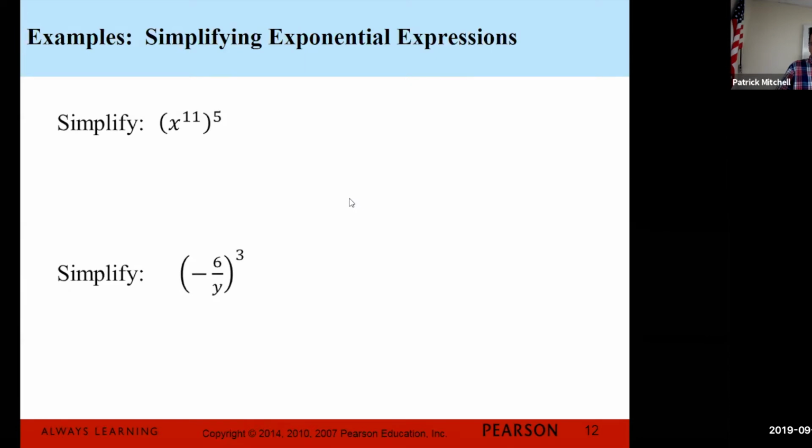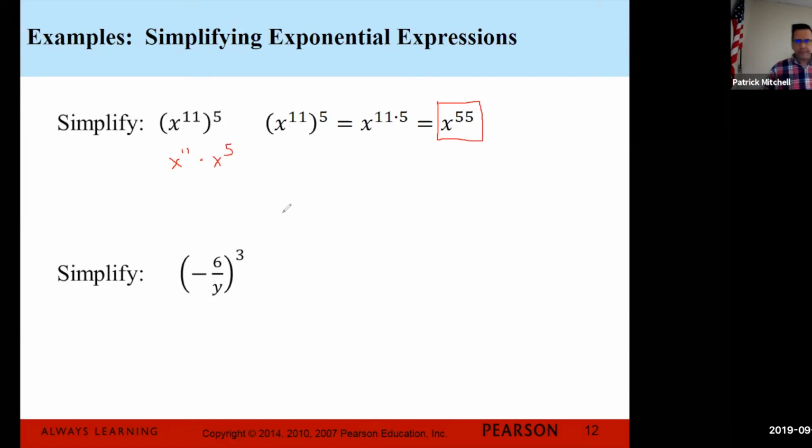Hopefully you remembered that this is the power to a power rule. This is the one where you multiply the exponents. So this one comes out to x to the 55th. If you're wondering what problem does have the answer x to the 16th, that would be if it said x to the 11th times x to the 5th. That one would come out to x to the 16th.